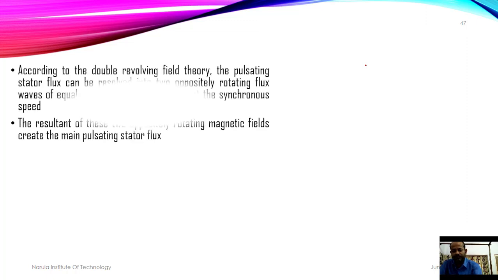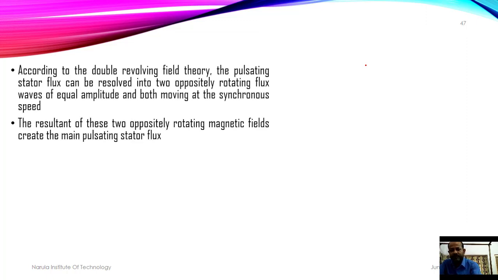So that is the basics of double revolving field theory, and the resultant of these 2 oppositely rotating magnetic fluxes creates the main field flux. Okay, so let's mathematically prove it first.